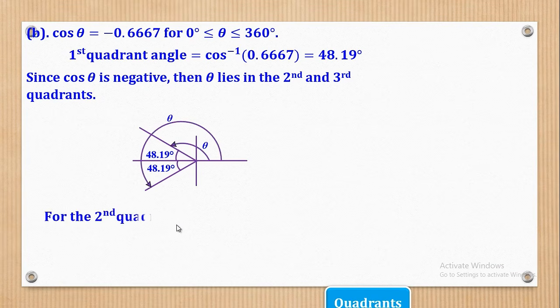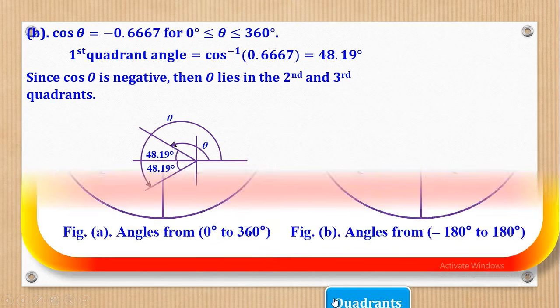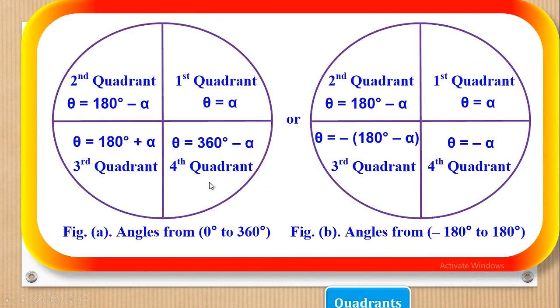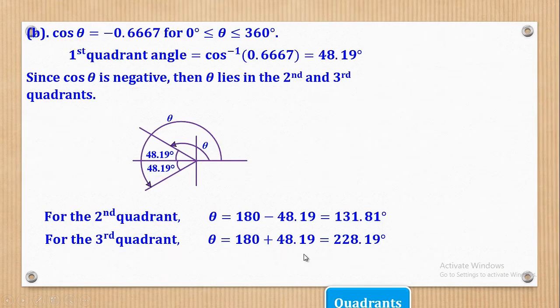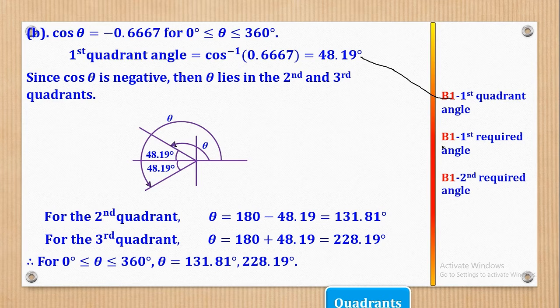Therefore, the first value of theta will be 180 minus alpha, which is that, and another value of theta will be 180 plus alpha, which is that. So you can either draw this diagram or you recall this diagram. B1 for you to get the first quadrant angle, B1 for the first angle which is required, and another one for the second angle which is required.